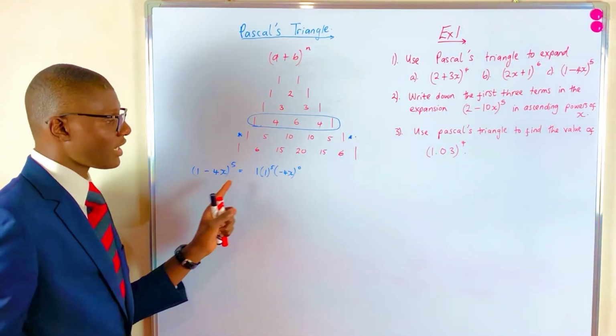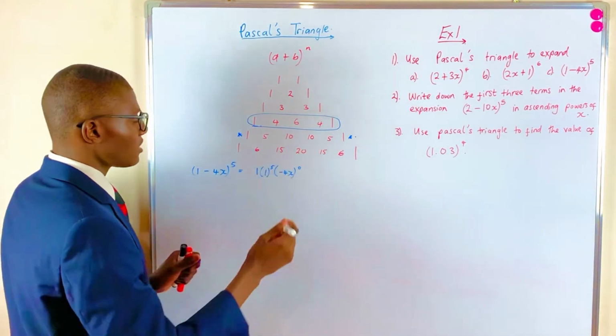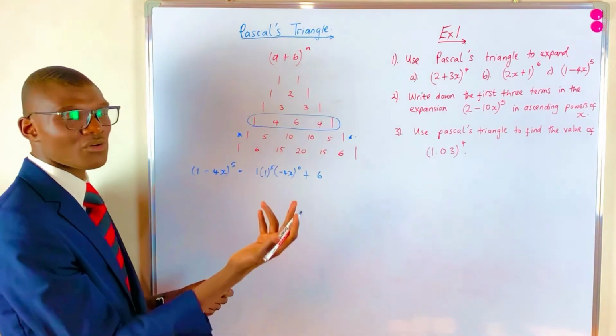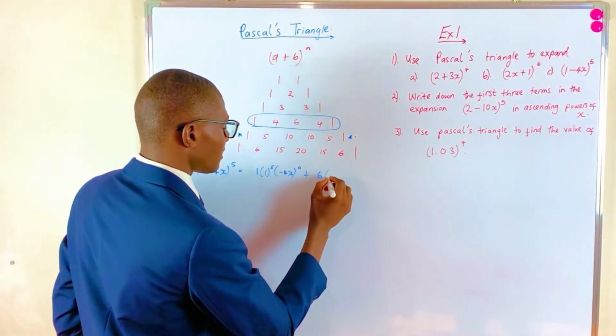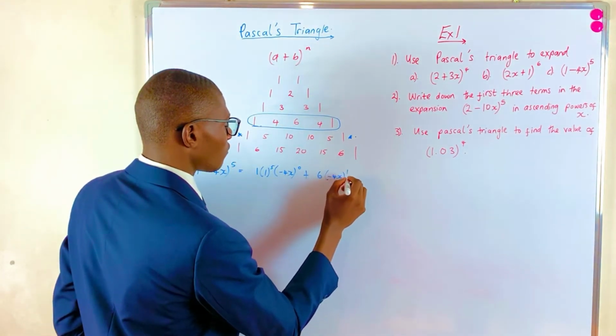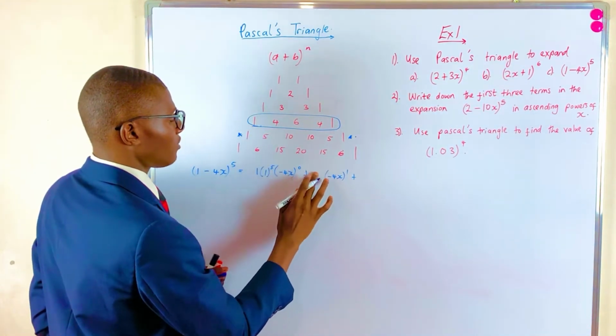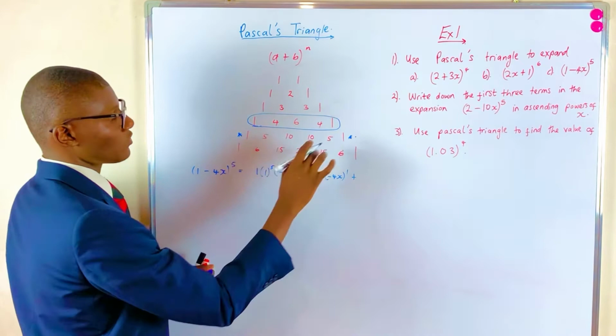Since we have 1 here, we're just considering the coefficient. So plus 6 times 1^4, and then times (-4x)^1. Plus, I'm sorry, this is supposed to be 5, because for the power of 5, we need these coefficients.